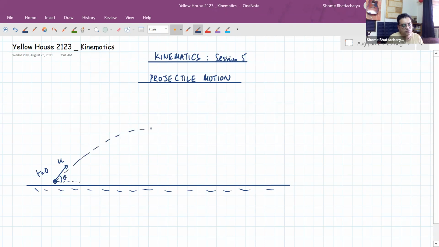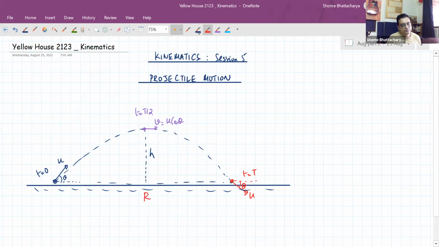Then it goes in this kind of parabolic path as we saw, and it returns back to the ground with the same speed u at a symmetrical angle theta like this at the time capital T. In between, it ascends and reaches a maximum height of h at the time T by 2. At that point, its velocity becomes horizontal, u cos theta.